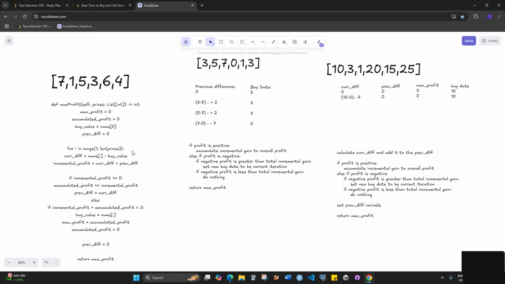And then if the incremental profit is greater than or equal to 0, which it isn't, so we go to the else. If incremental profit -6 plus accumulated profit is less than 0, buy value, we set buy value equal to 0. Max profit is equal to accumulated profit, which is 0, and then accumulated profit 0, previous diff is 0, and then we continue.